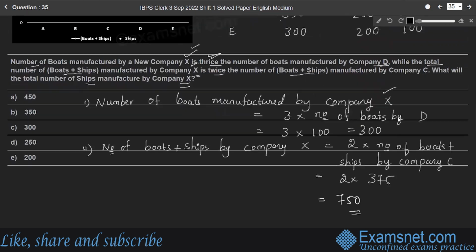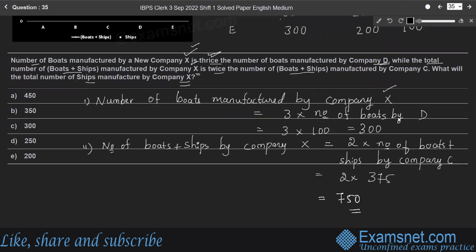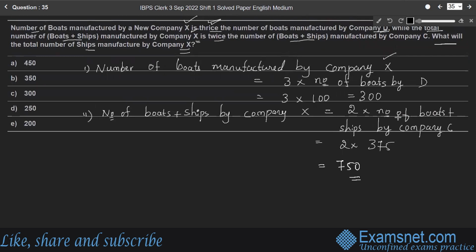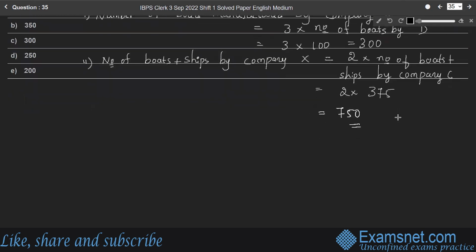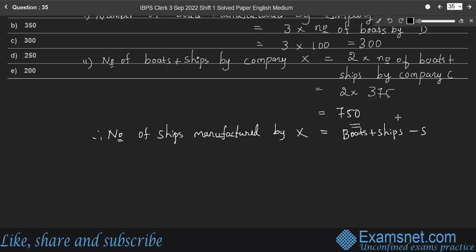Therefore, number of ships manufactured by company X. It is asked what will be the total number of ships manufactured by company X. So number of ships manufactured by X is equal to total boats plus ships minus boats.